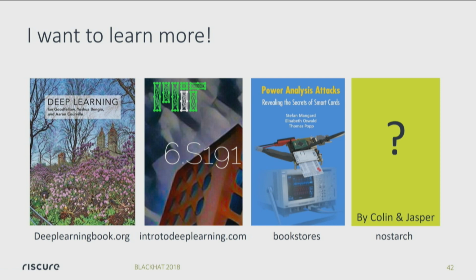There's a book on DPA called Power Analysis Attacks by Stefan Mangard, which is historically the book to go for. And then Colin and I are still working on it. We're doing our best, but it will be there at some point. We're writing a book on these kinds of topics as well, with a more practical side to it.